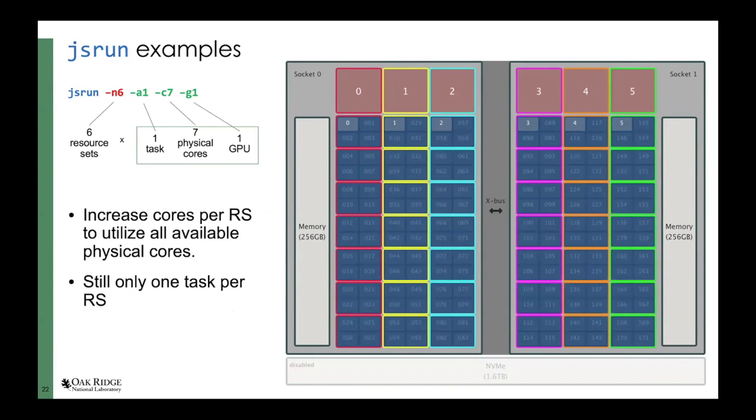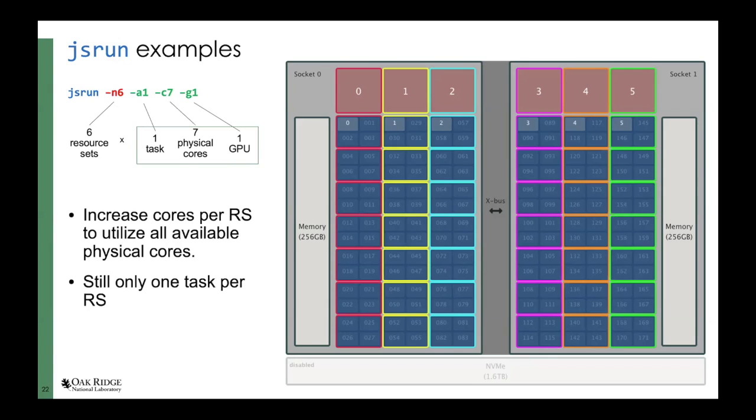So the next step, expanding that. There's a lot more cores on the machine, and maybe you need to run across more of those cores. And so again, now we just need to change one flag so that we expand what's available to a resource set. So -c controls how many cores are in a resource set.